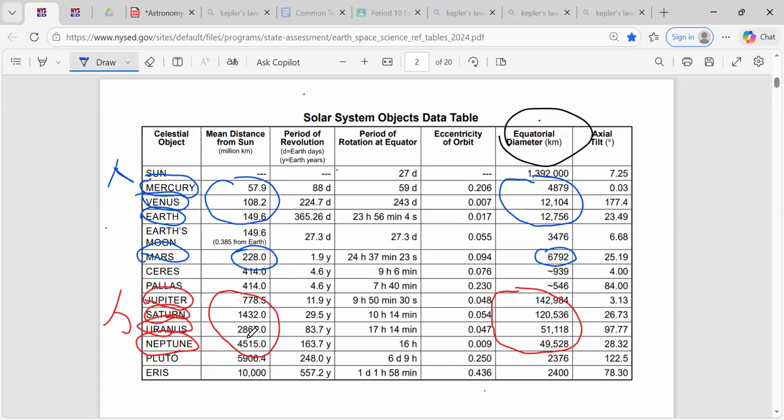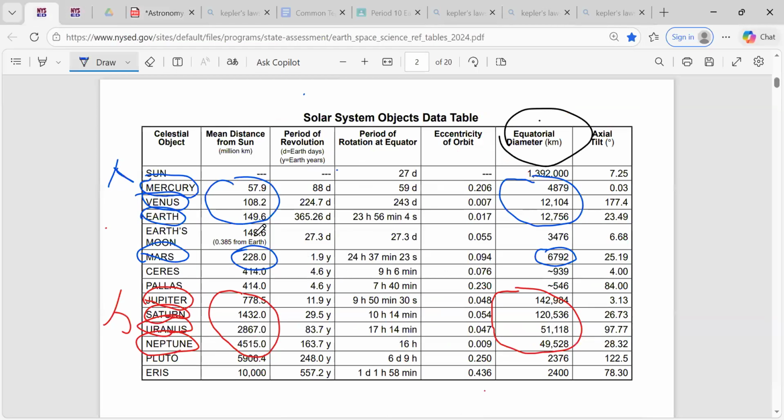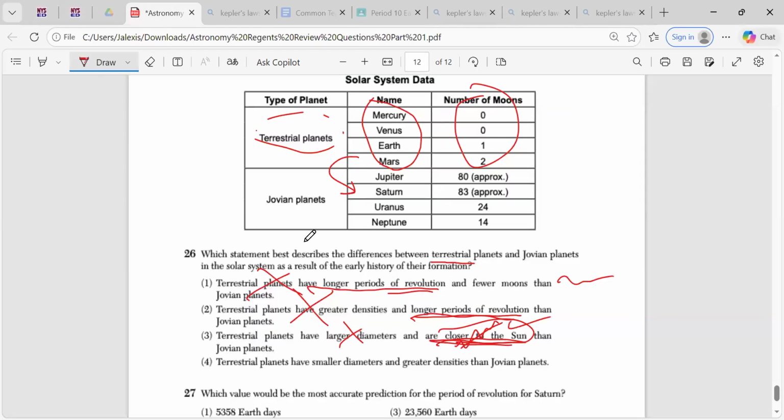The Jovian planets are farther from the sun than the terrestrial planets if you're looking at their numbers, and you can pause as well. So terrestrial planets are closer to the sun. That is true. But they do not have larger diameters.